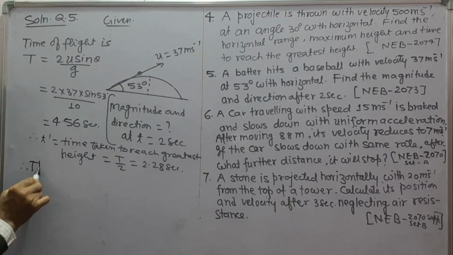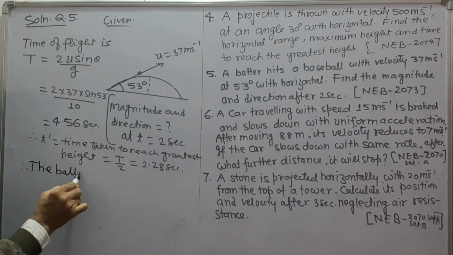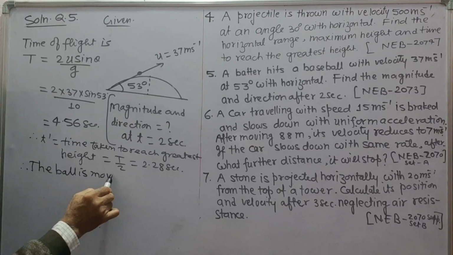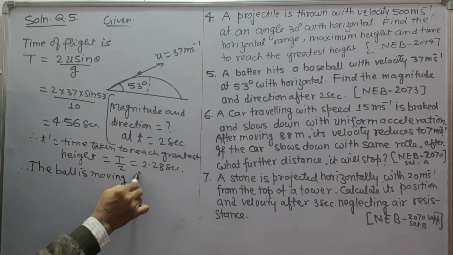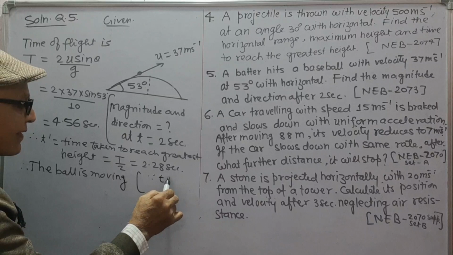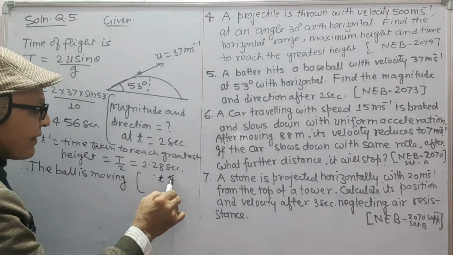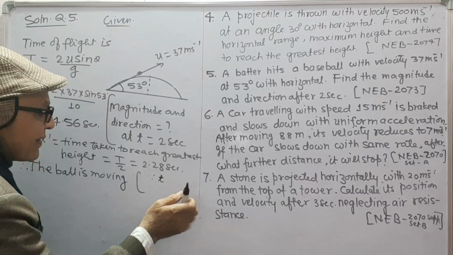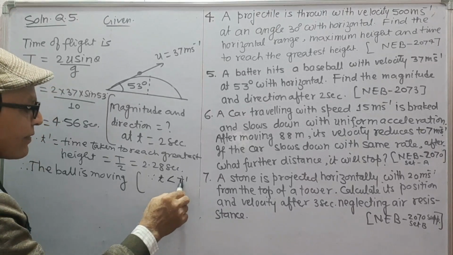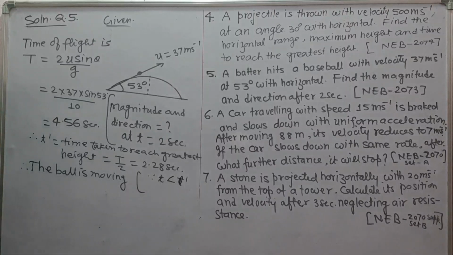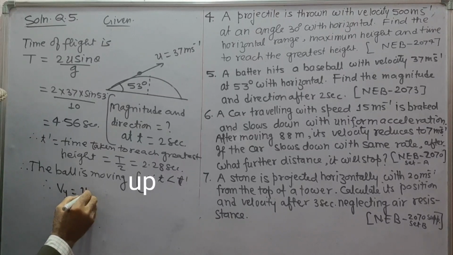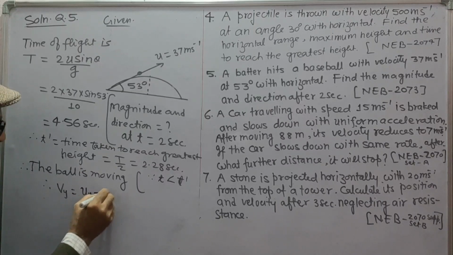Hence the ball is moving up because t is less than t dash. Therefore v vertical will be equal to u vertical minus gt.